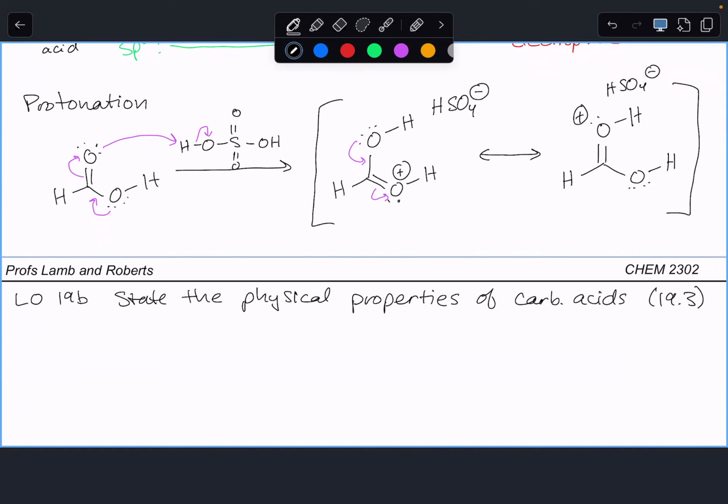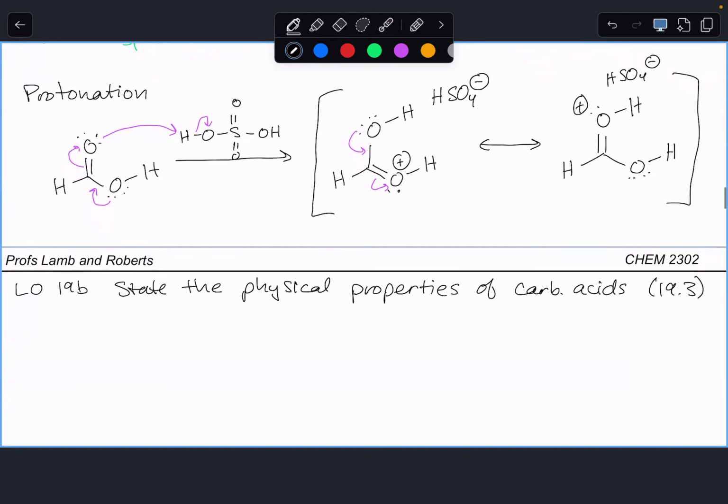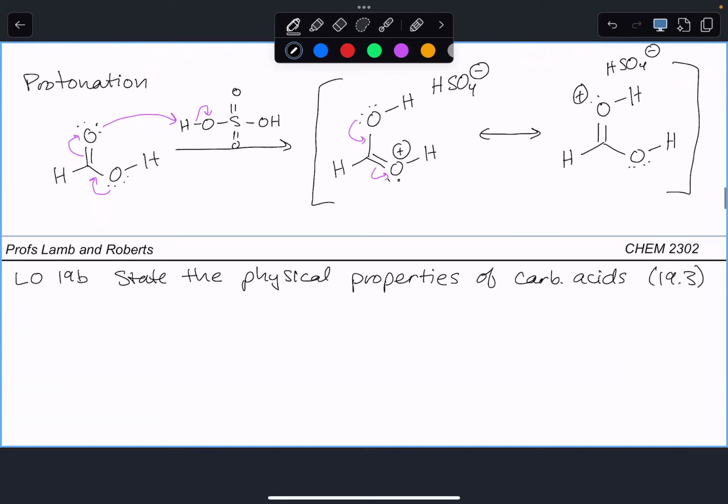And anytime you see boiling points, the first thing that comes into your mind should be intermolecular forces, okay? Hydrogen bonding, dipole-dipole interactions, those types of things. So we're gonna compare a ketone to an alcohol to a carboxylic acid.